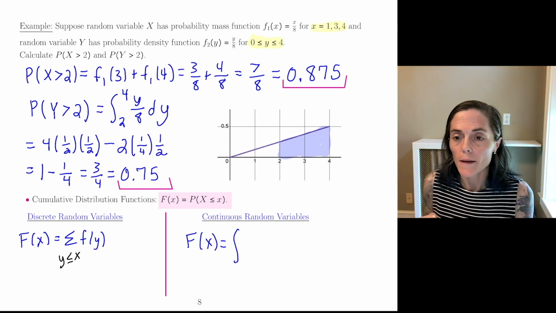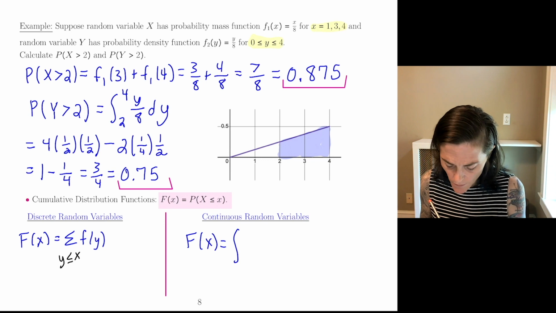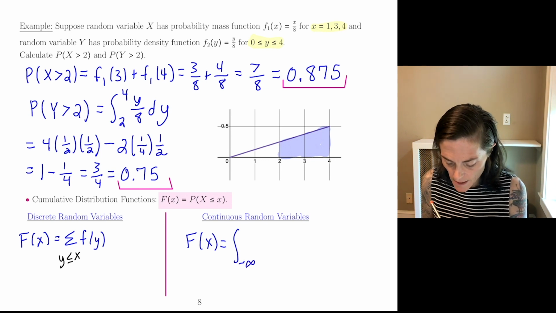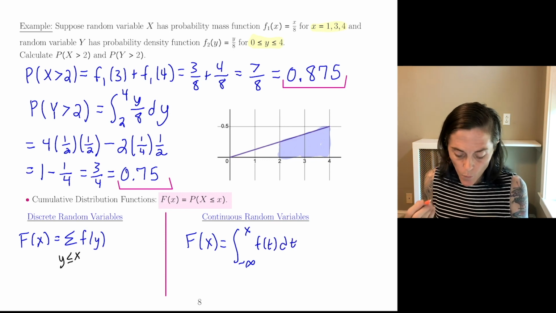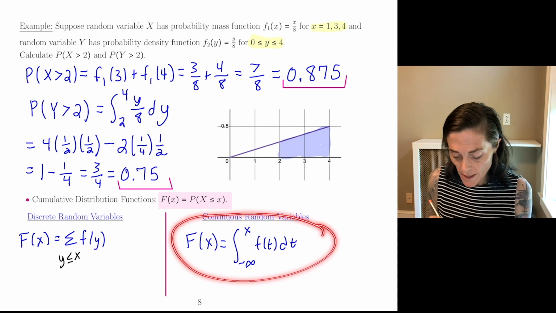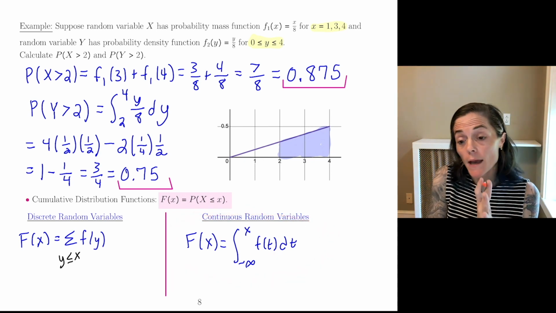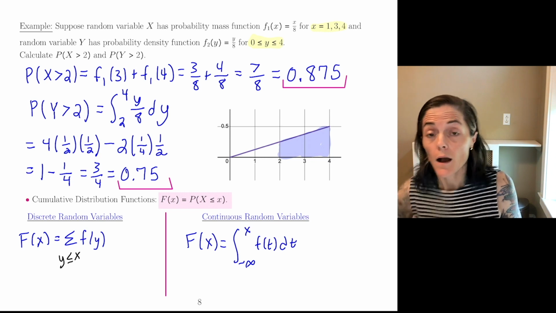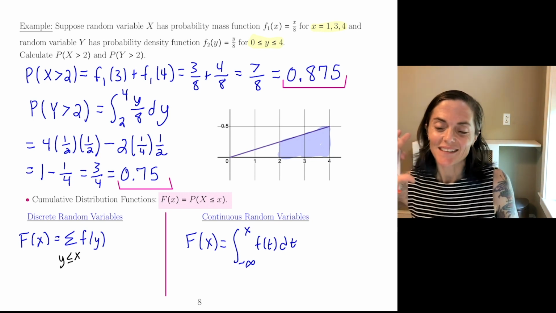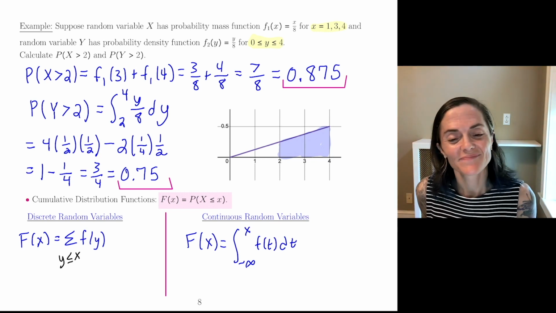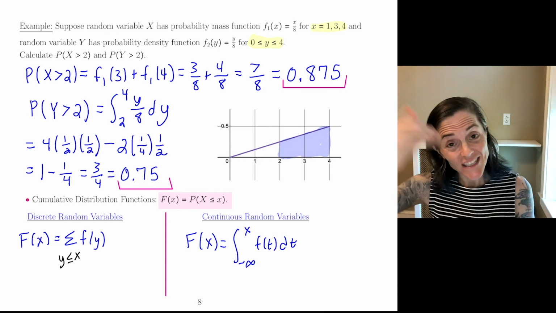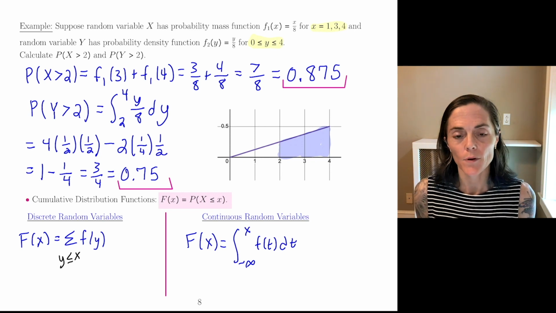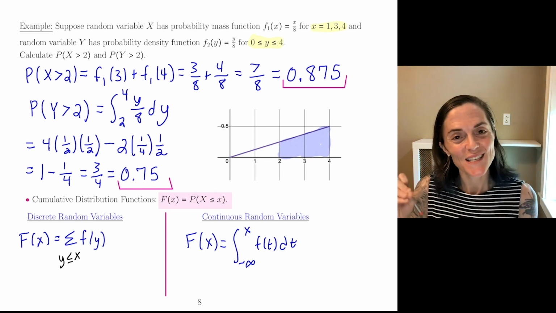Well, I don't know what my values are, so I will just write it as, say, minus infinity to little x of, say, f of t dt. Now, we will do more of this, but the real thing to think about is area. So it's all the area under the curve up to little x. Okay, this is the end of our first introductory lesson on random variables, and thank you so much.